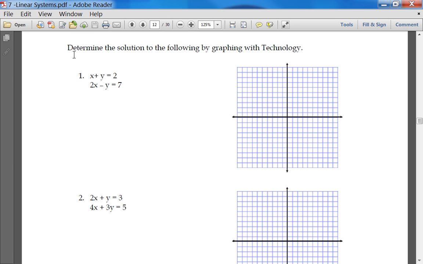Okay, so these two equations here, you can go ahead and isolate for y, and then we'll put them in the calculator.